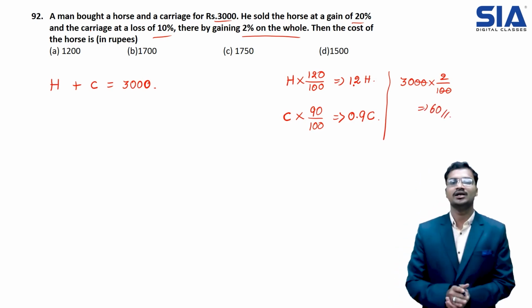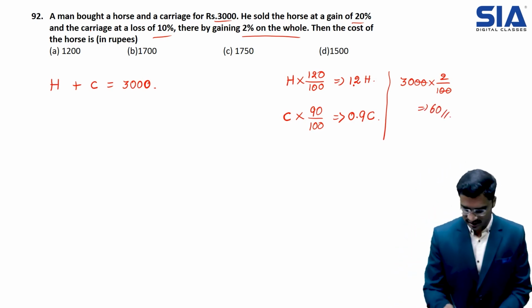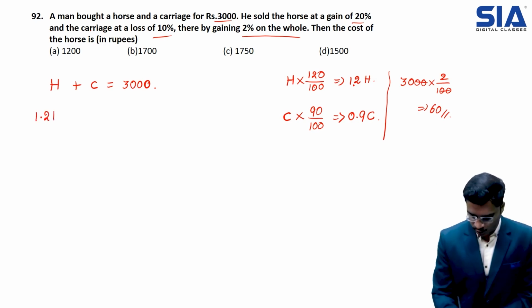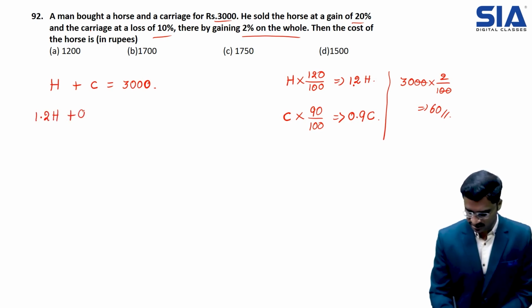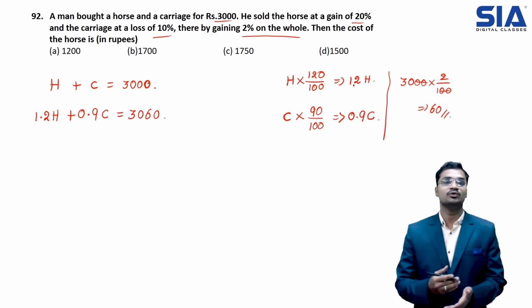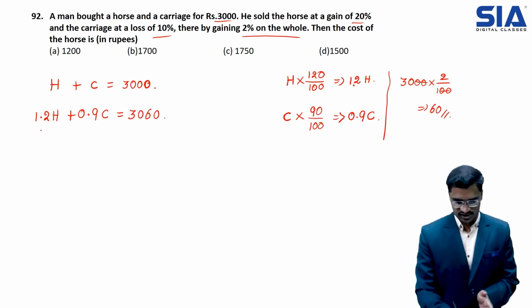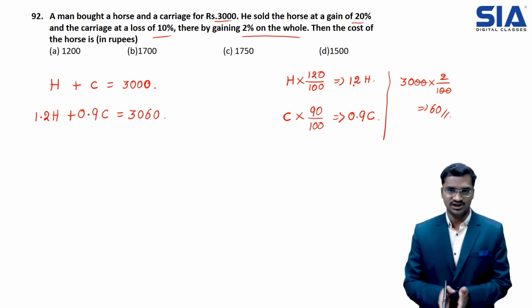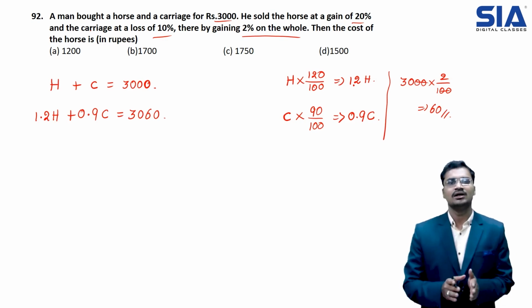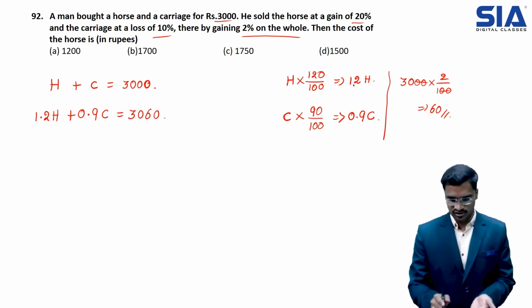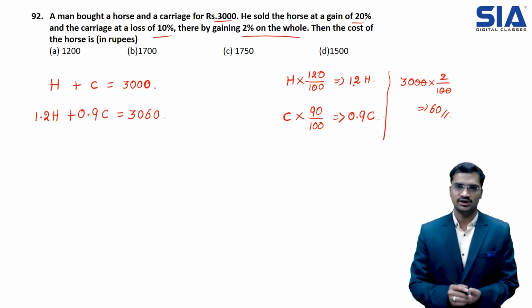So he is gaining a total of 60 rupees. So let us add these values. So 1.2 H plus 0.9 C is equal to 3060, because after doing this transaction, which is selling the horse at 20% profit and selling the carriage at a 10% loss, he is getting how much amount, 3060.